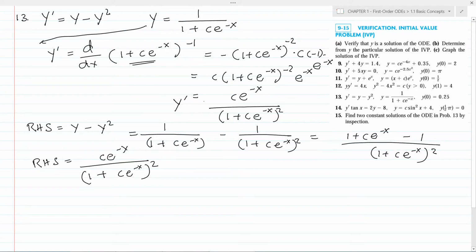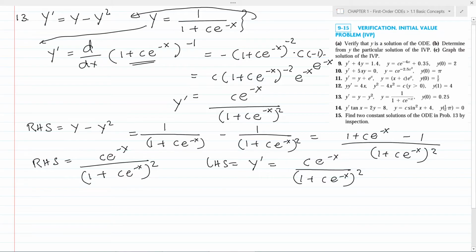Now we see the LHS equal to y dash, which we had evaluated to c e to the power minus x divided by 1 plus c e to the power minus x whole square. So we see LHS equal to RHS, so this one is a general solution of this differential equation.